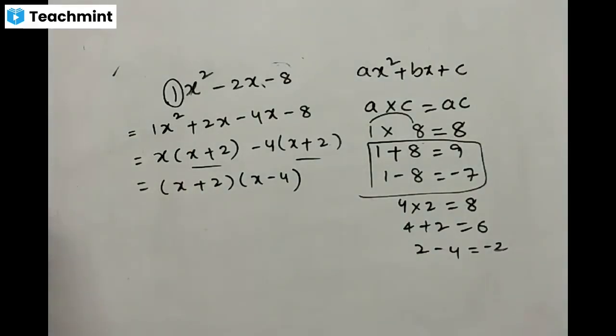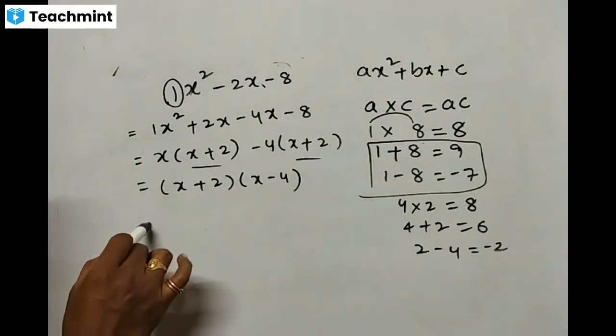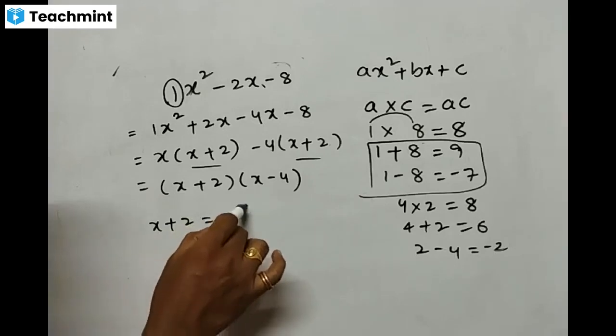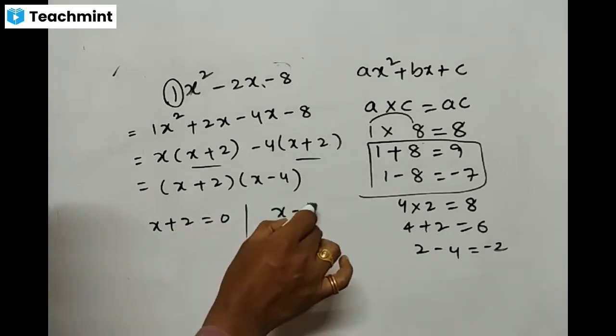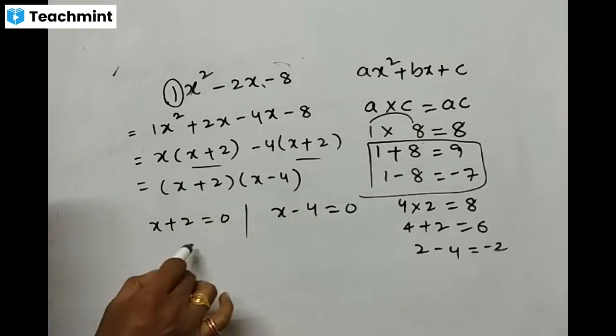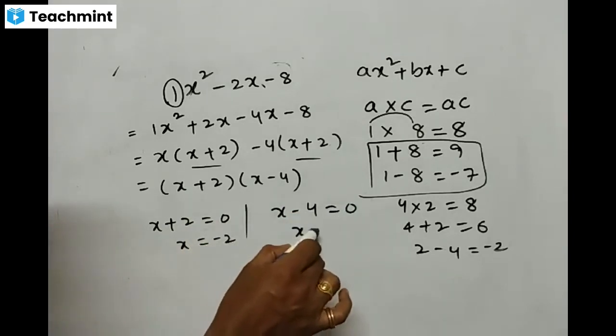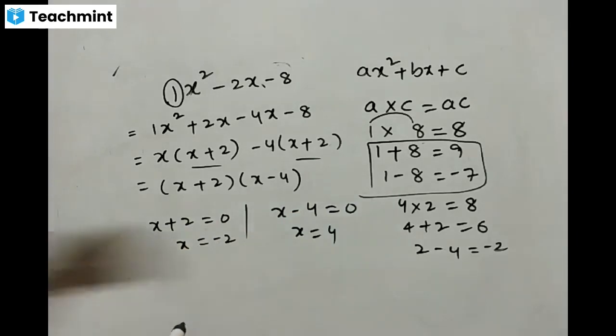Now one time you make x plus 2 equal to 0, one time x minus 4 equal to 0, because we have to find the zeros. x is equal to minus 2, x is equal to 4. These are the two zeros.